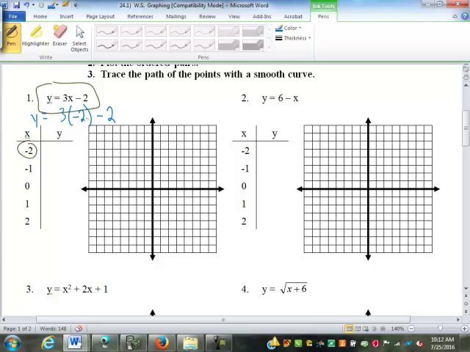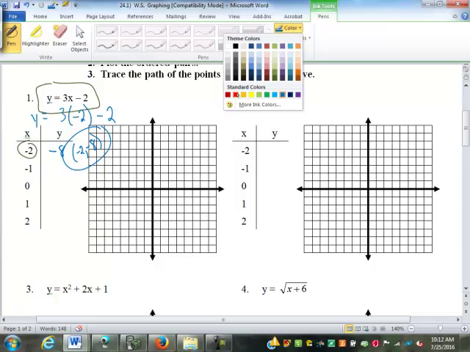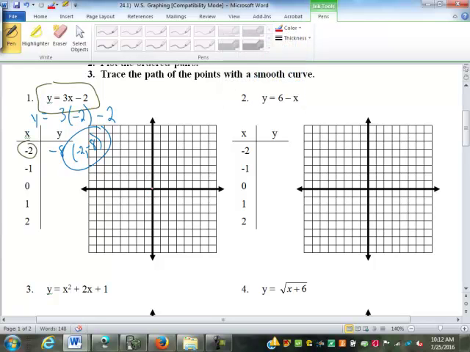Negative 6. Minus another 2 would be negative 8. So that gives us the ordered pair negative 2 comma negative 8. From the center of our graph, negative 2 for x would be right here, right? Negative 8 for y would be down here. So that's the point described by negative 2, negative 8.